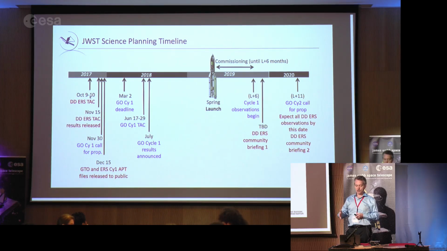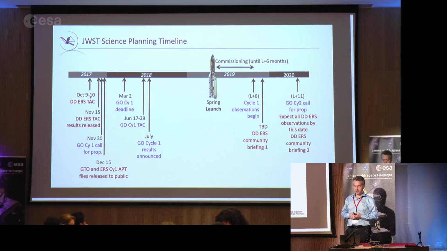We'll have the launch. There's a six-month period after launch for commissioning. It takes three to four months for the observatory to cool down to the 40 degrees Kelvin that Pierre told us it needed to be, and then after that, we go through the checkout of the instruments. So that's why it takes so long to do the commissioning. And then science operations begins roughly six months after launch.